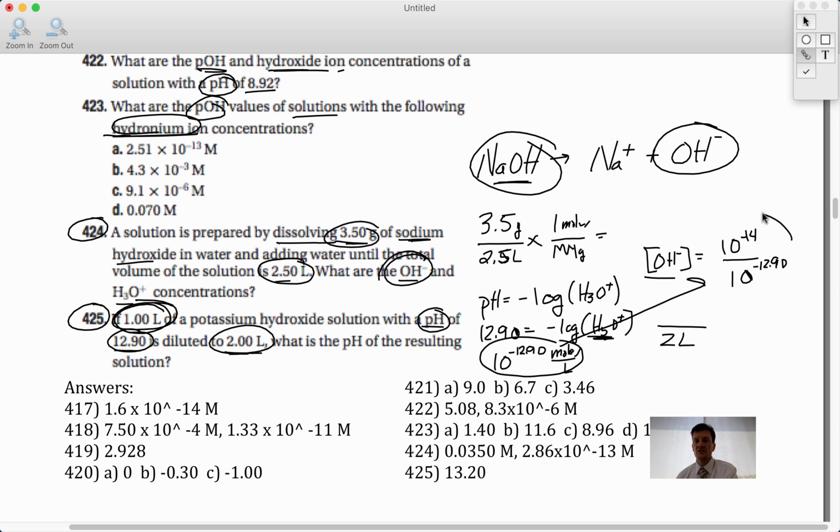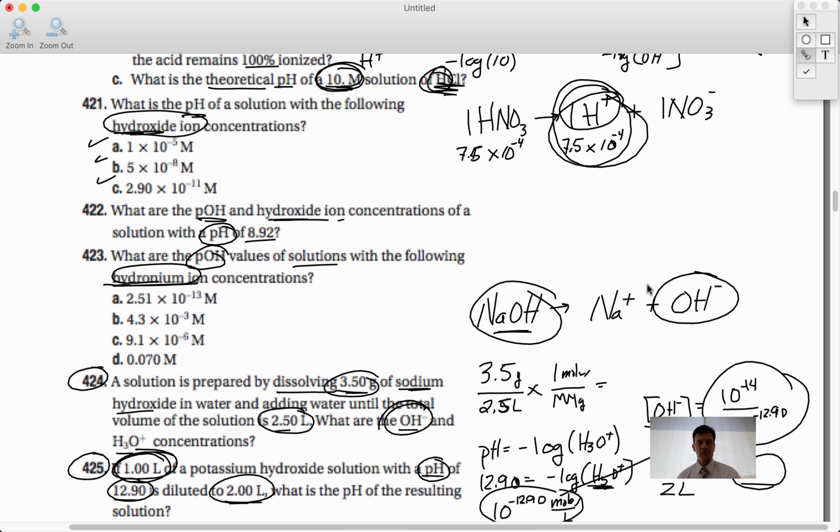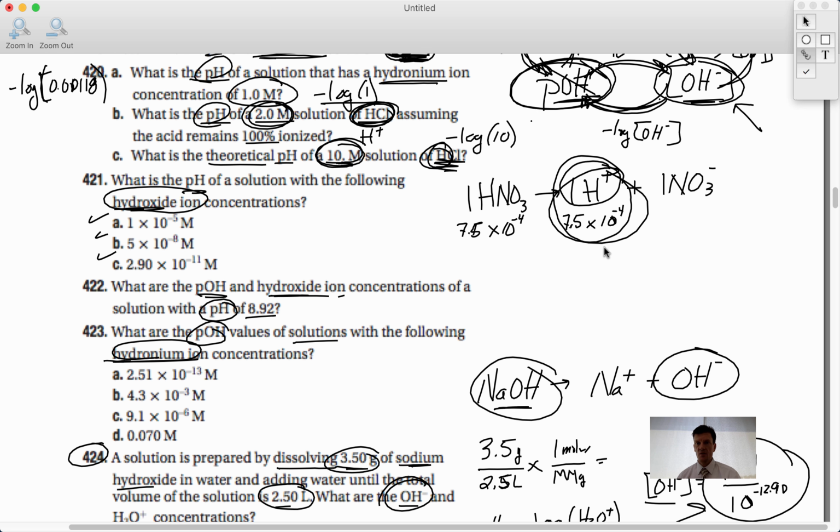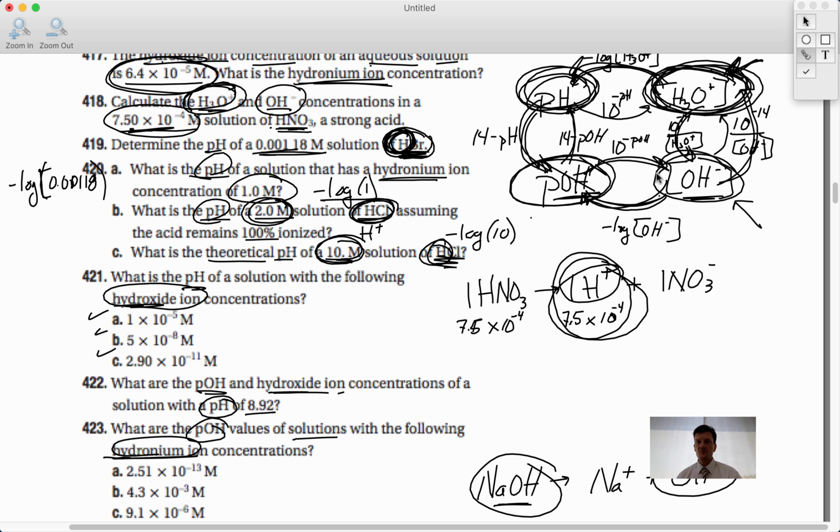So your concentration that you find here is basically going to be divided by 2, and you would find out that it's half of what it was before. Okay? Once you find that new concentration, then you can work back to get the pH of that new solution. Okay?